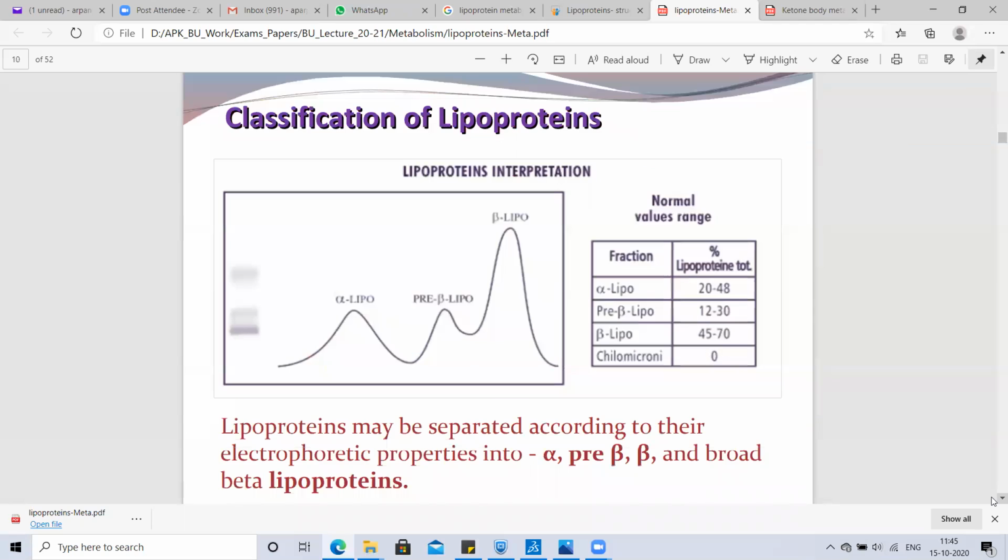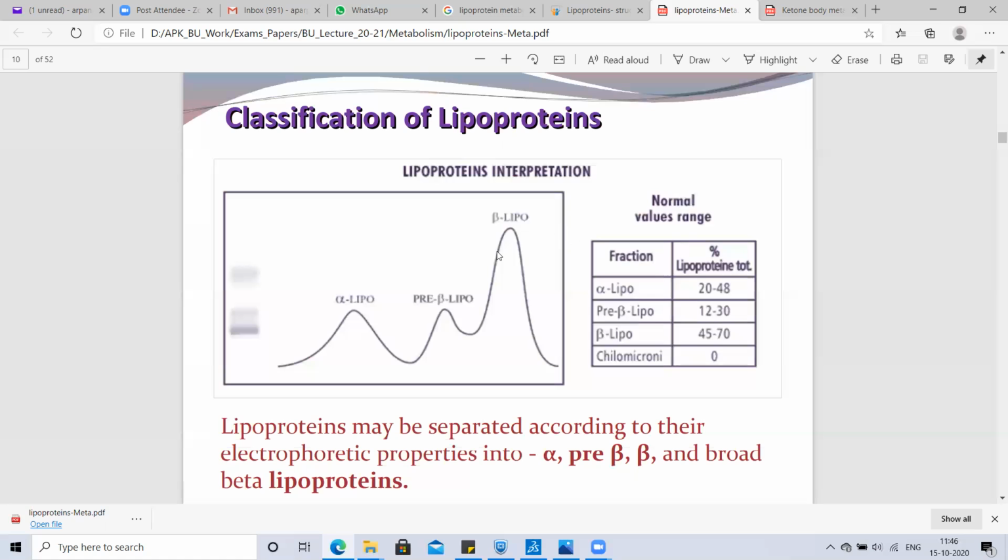So we can also classify on the basis of electrophoretic mobility. We can see this peak. In this image on the left-hand side, there are 3 bands. The darker band has higher intensity, so it is supposed to be beta lipoprotein, the middle band is pre-beta lipoprotein, and the lowest one is alpha lipoprotein.